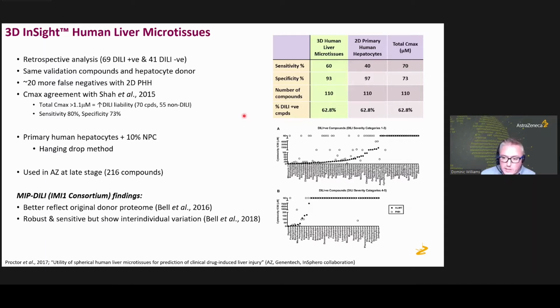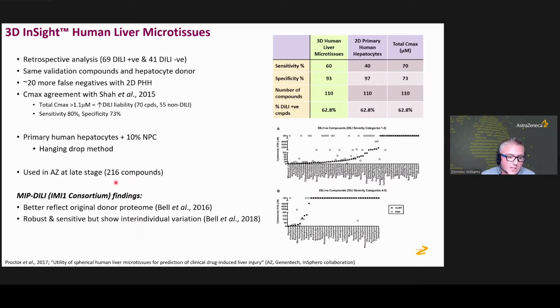We published a joint paper with Genentech and Insphero. We did an analysis of the human hepatocyte spheroids with 69 DILI positives, 41 DILI negatives, and found that there was greater sensitivity in 3D. This was using primary human hepatocyte spheroids plus 10% non-parenchymal cells via the Insphero hanging drop method.